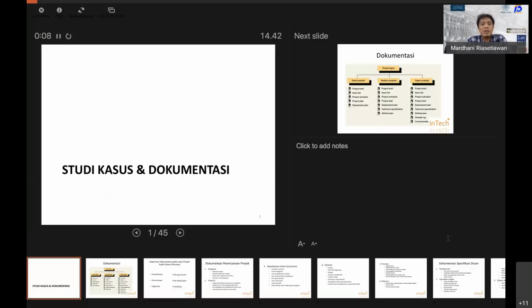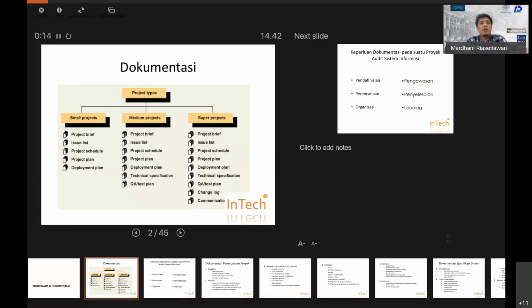Commonly in an information system project or information system management, the documentation will consist of several parts of documentation or reports. We can define three types of documentation, which are defined by the volume of the project or the volume of the information system implementation in the organization.